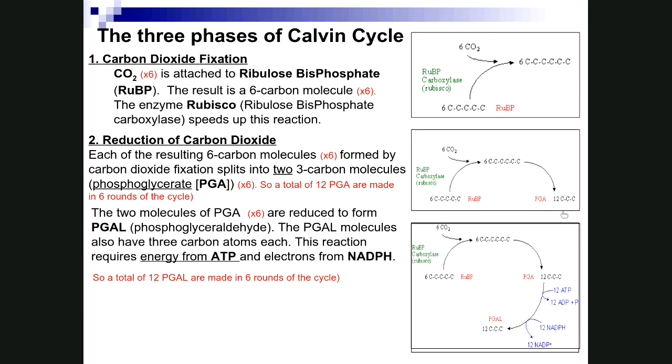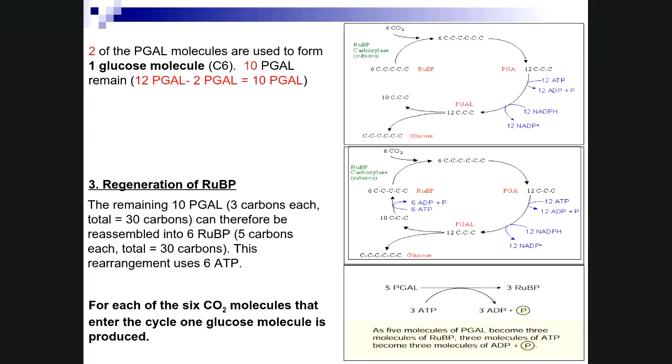Those 12 PGAs, which have 3 carbons, get changed to 12 PGAL. So phosphoglycerate gets changed to phosphoglyceraldehyde. So we have 12 three-carbon phosphoglyceraldehydes.